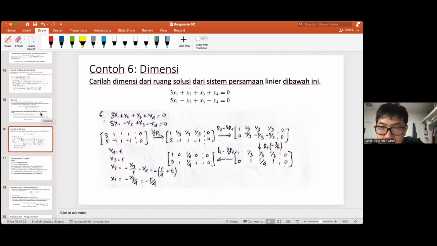What's the dimension of this system? Okay, I think I should fix this for a while, because this is a bit incomplete. Give me a moment.